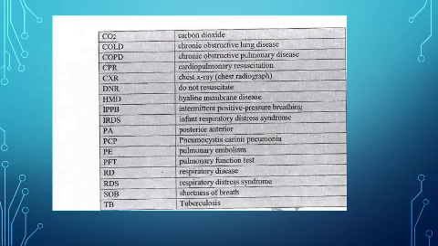CPR. See, like this we will get in those tests. CPR, cardiopulmonary resuscitation, CXR, chest X-ray, DNR, do not resuscitate, HMD, hyaline membrane disease, IPPB, intermittent positive pressure breathing, IRDS, infant respiratory distress syndrome, PA, posterior and anterior, PCP, pneumocystis pneumonia, pulmonary embolism, PFT, pulmonary function test.